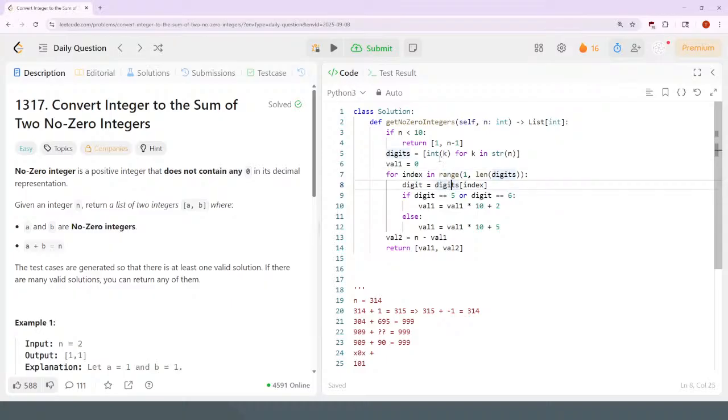I'm creating value 1, where value 1 will be subtracted from n such that the answer equals value 1 and n minus value 1.